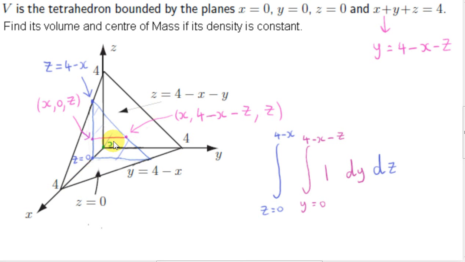So we're integrating from x equals 0 to this point here. So how do we find this point? Well, both z and y are 0. Okay, so it's a point in this plane. If we set z equal to 0 and y equal to 0, we get 0 equals 4 minus x, or x equals 4. So that's our upper limit. So we're integrating from 0 to 4.